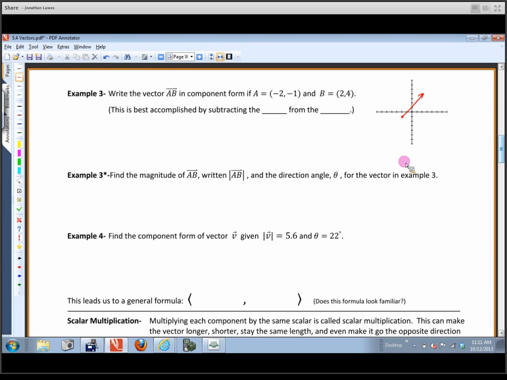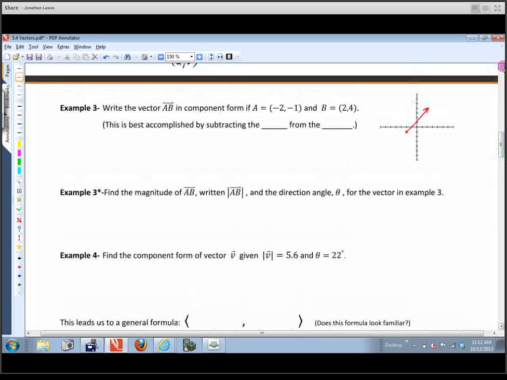Now, if we've got a graph and we can draw it, then we're in pretty good shape. It's still very easy to work with, but it would be nice if we could represent this in a format that doesn't require us to graph it. So here's the easiest way to do this.